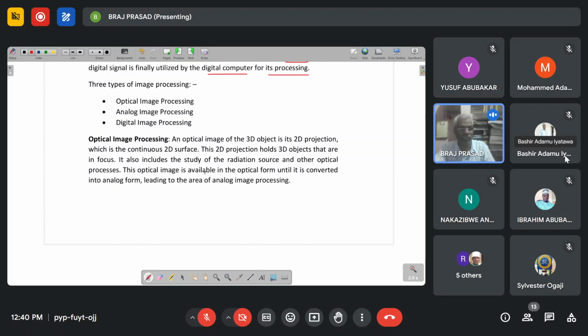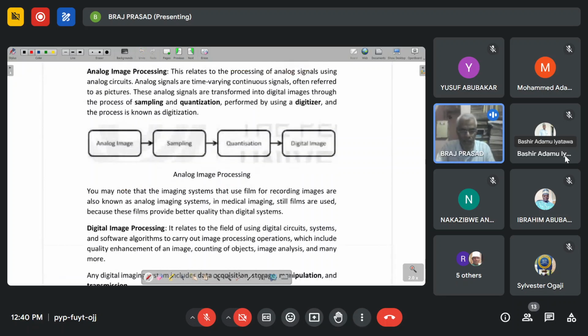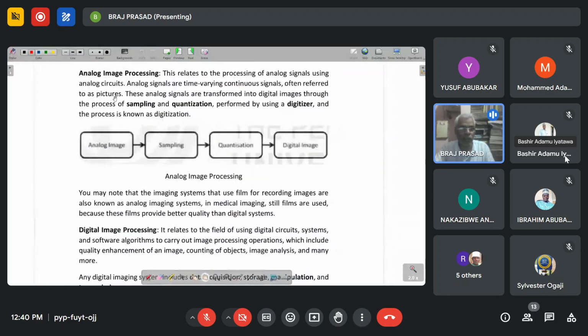This optical image is available in the optical form until it is converted into analog form, leading to the area of analog image processing. Then there is another concept that is called analog image processing. In analog image processing, we use different types of methods. First is, this is our analog image.